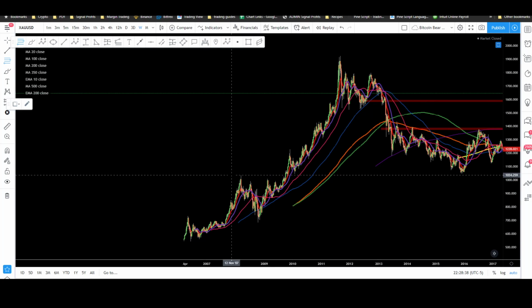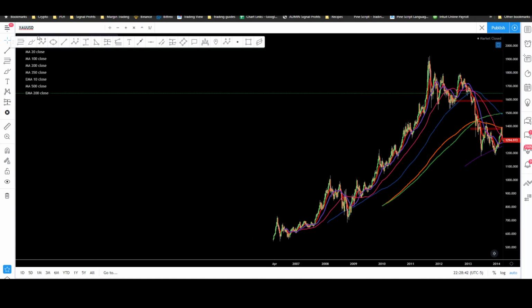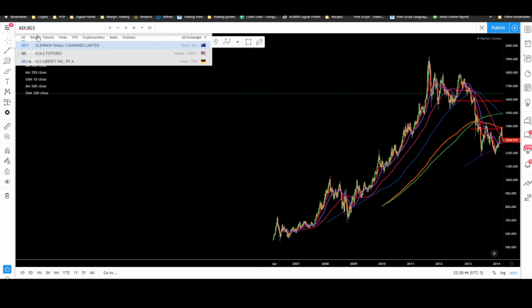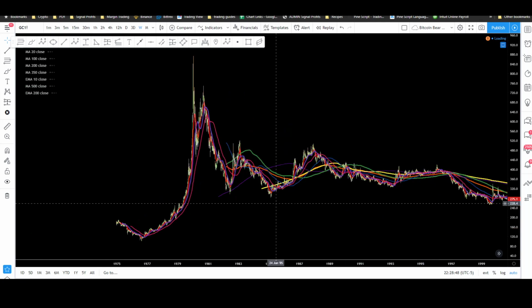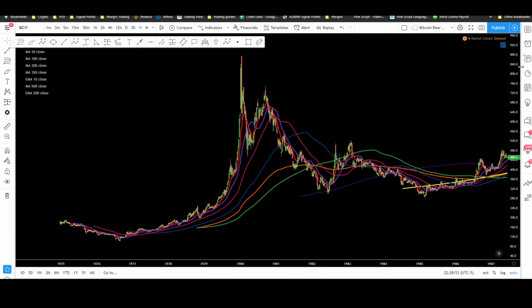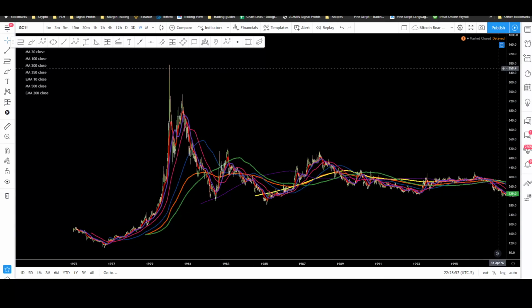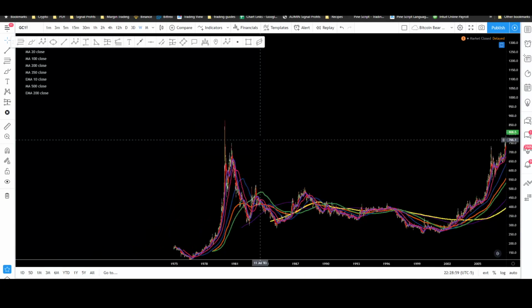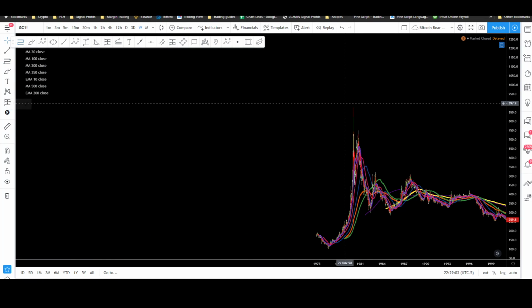I think this might be the chart. Is it the gold futures chart? I'm trying to remember which one I did. Yeah, it's gold futures. Gold futures has a lot more crazy history. Right. Yeah, this goes out to 1975. So let's figure out.